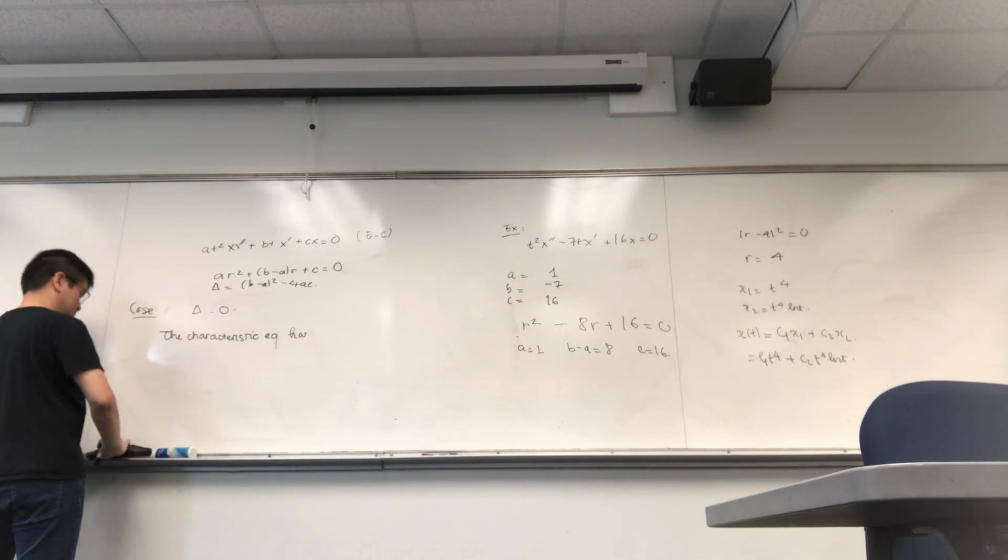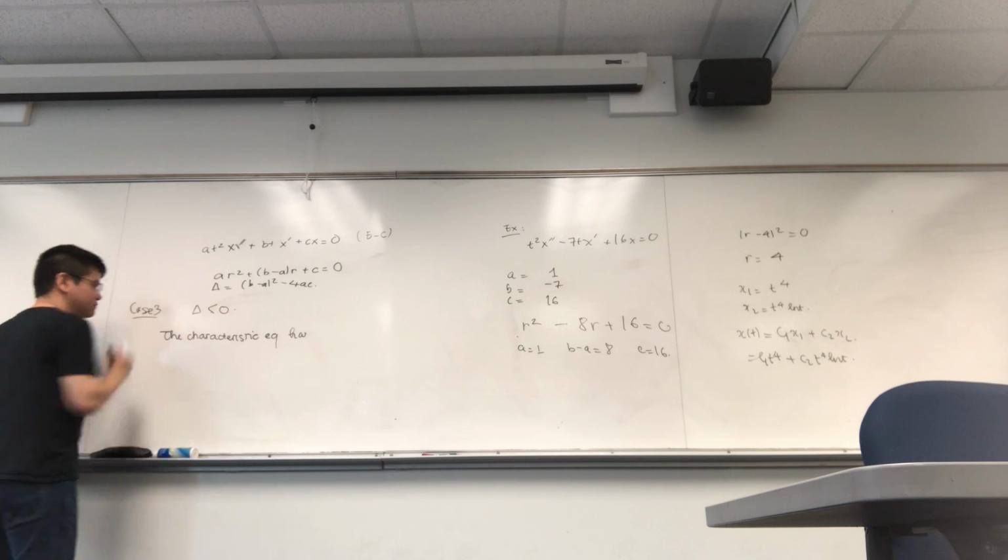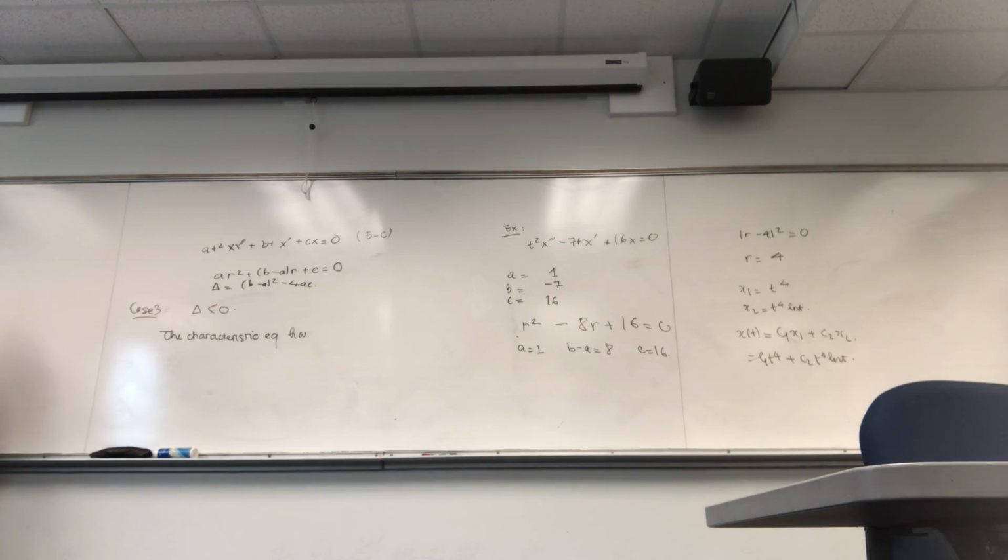Case number 3, delta is negative. So what happens when delta is negative? You have two roots. What are they? They'll be imaginary roots, so they'll be complex, so they'll involve i.